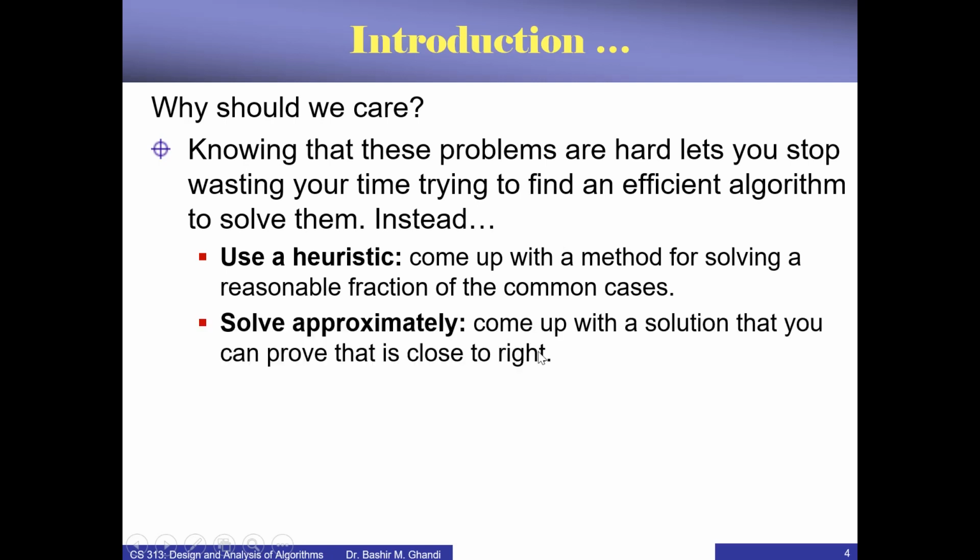Another option, as we shall see in the next lecture, which will be our final lecture inshallah, is to try to approximately solve the problem. In other words, come up with an approximate solution, a solution that you can prove is close to optimal.